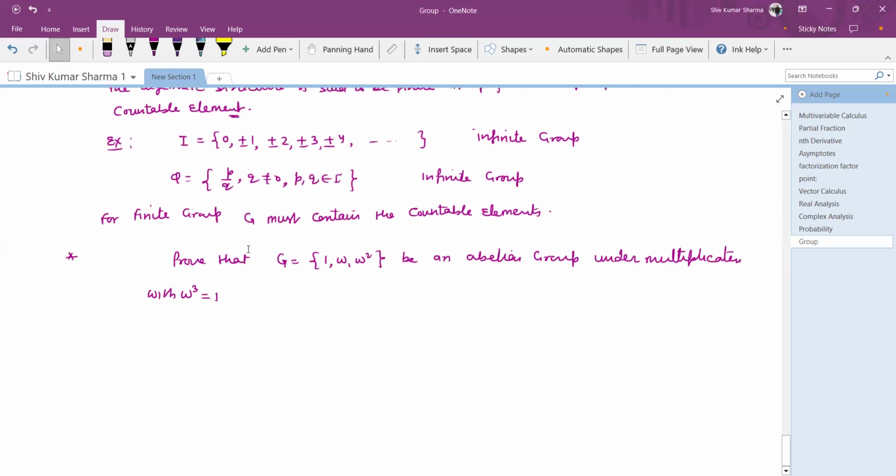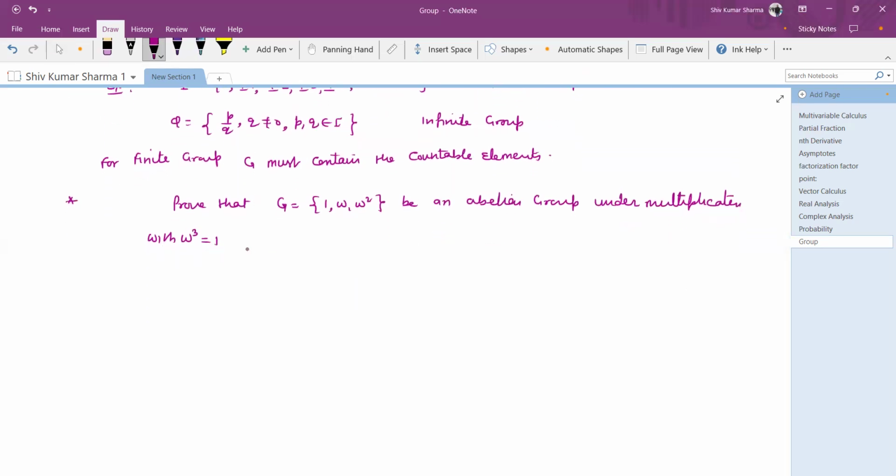So we shall prove that this finite set is an example of a group.